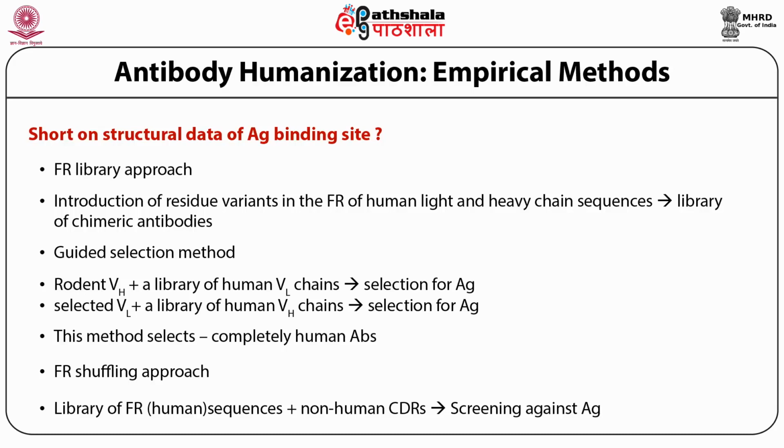You have a library of various possible framework regions, and the CDRs are allowed to bind with them, and such a library is then screened against the antigen for antigen binding. The clones which show high binding to the antigen, originating from such a library, are then selected for further application.